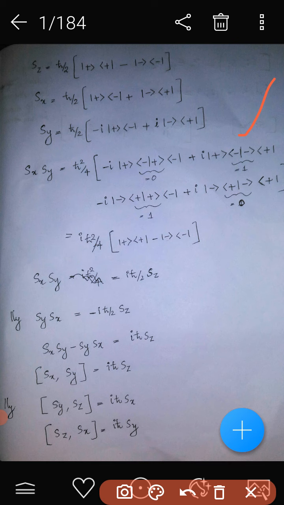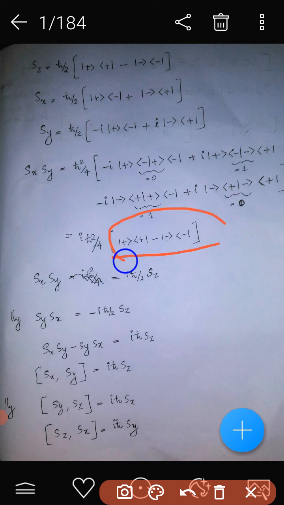Again multiplying term by term, we get the result like this. Here this inner product equals 1 and this inner product equals 0, and now the result will be i h cross squared by 4 times this result.